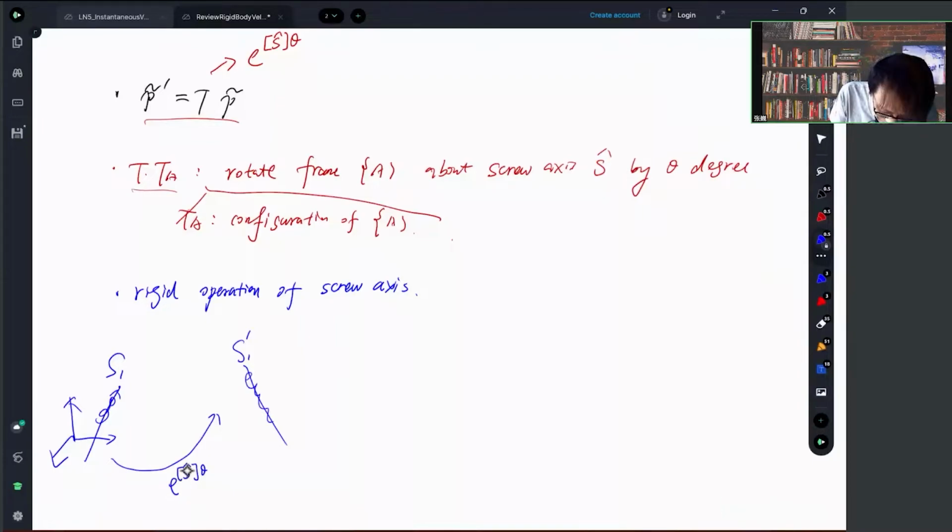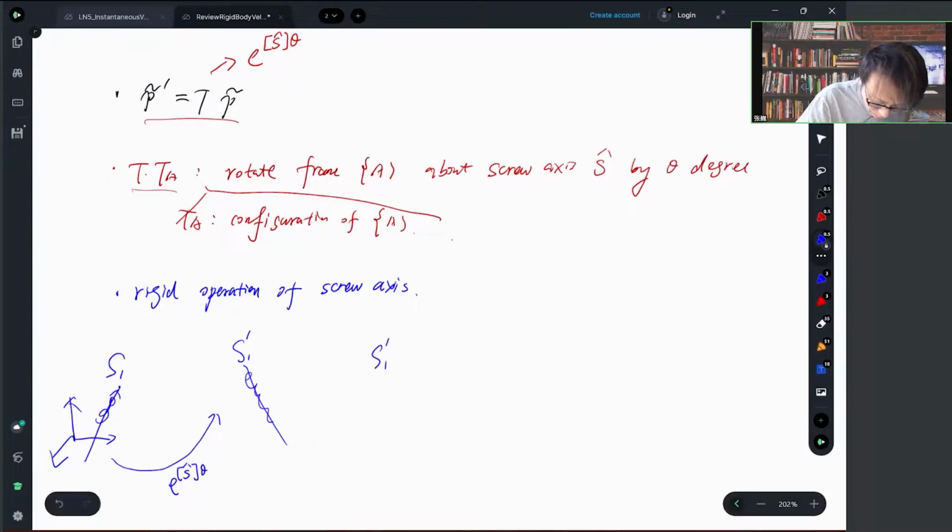So this S hat has nothing to do with this S1. S hat is used to describe the motion, the rigid body transformation. I have a screw axis physically located in that frame here, then I apply the screw motion defined by S hat, and I move to another screw axis, S1 prime. How does S1 prime relate to S1?